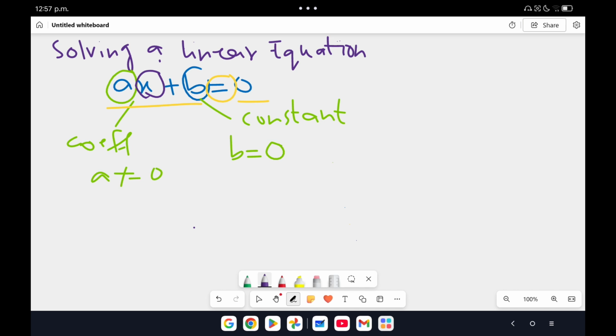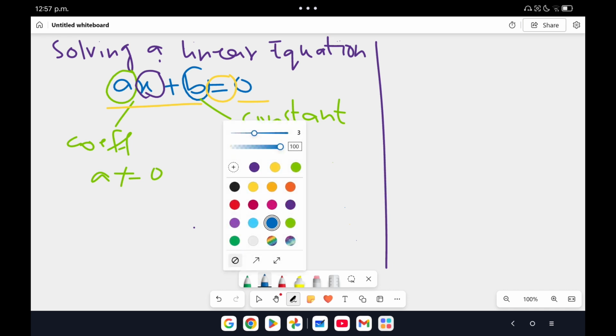Now let's solve a question of a linear equation. For instance, I'm given this expression 4x plus 2 equals 0. This was an expression if there was no right hand side, but right now this is an equation because the right hand side is already given.